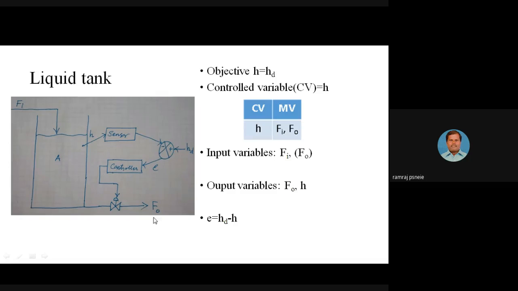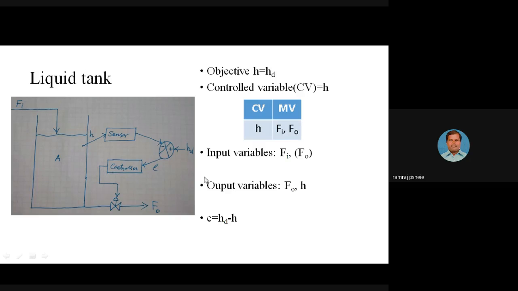Sometimes we use F naught to maintain the liquid level in the tank. In that situation, F naught is a manipulative variable, and that time we categorize F naught as an input variable. Suppose instead of adjusting F naught, you are adjusting the value of F suffix i. At that time, F naught falls under the category of output variables.